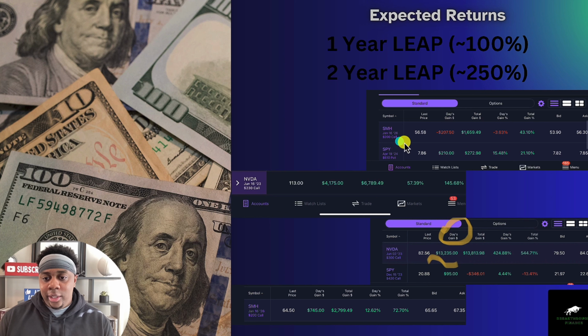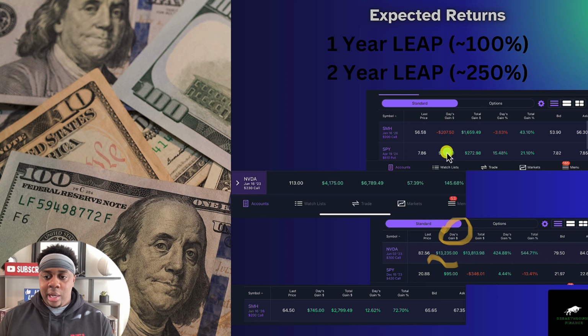So we look at an SMH call I had here. For whatever day that was, I was down $207 on that position, but in total I was up $1,600 for a 43% return. But I also had a put placed.